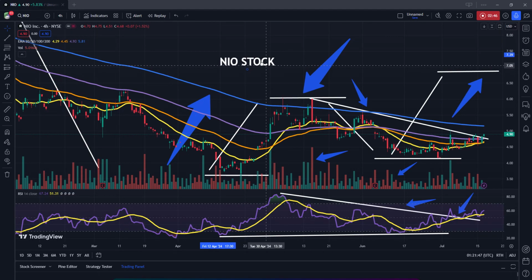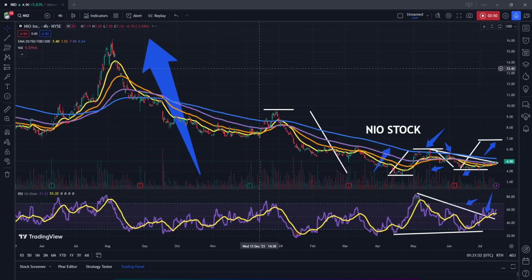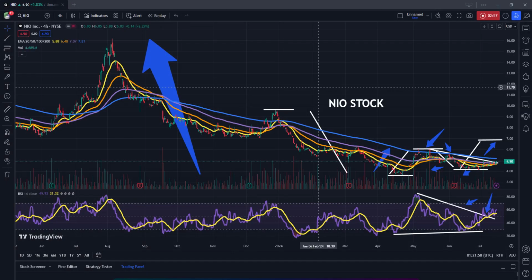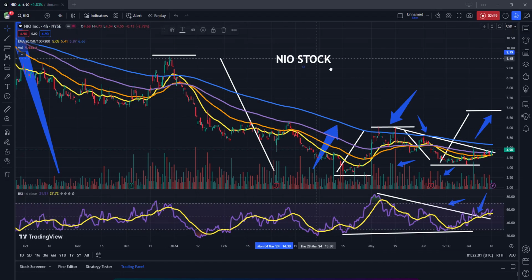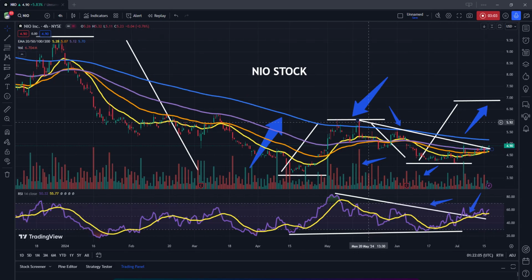Everybody that follows the stock knows this stock has been caught in a major downtrend for a long period of time. This has caught a lot of traders in vulnerable positions here. It's not abnormal for people trading the stock to be caught in a difficult position. It's been a very difficult stock to trade.